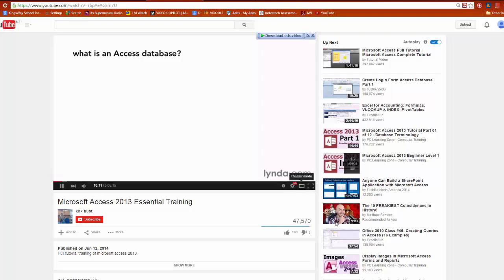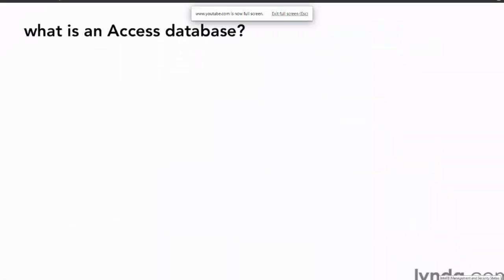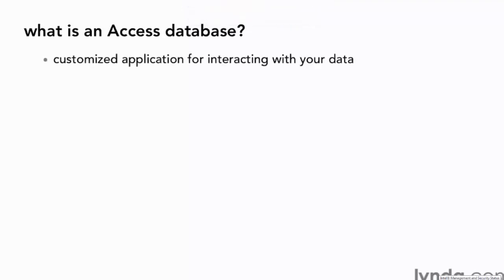So what is an Access database? An Access database is not just a place to store your data, it's a tool for creating a custom application that wraps the entire interaction between you, your team, and the data.